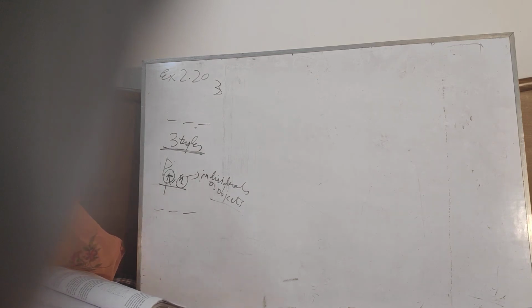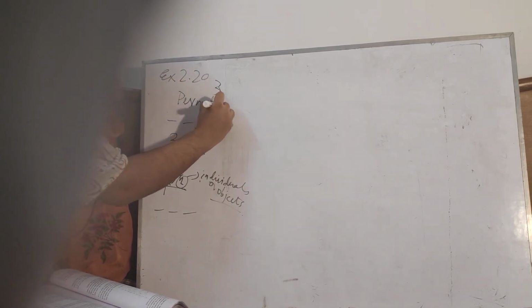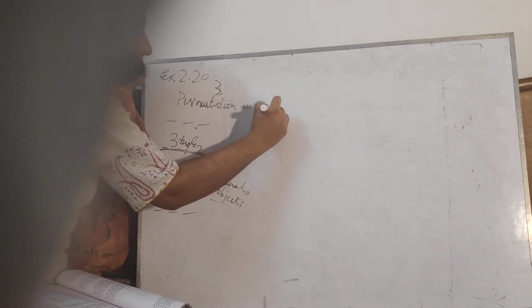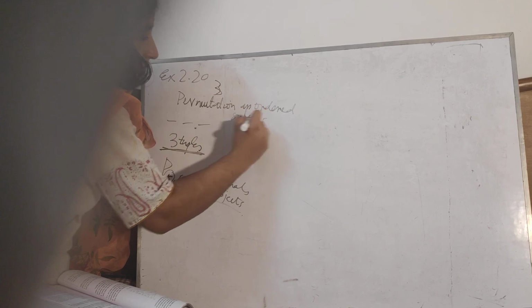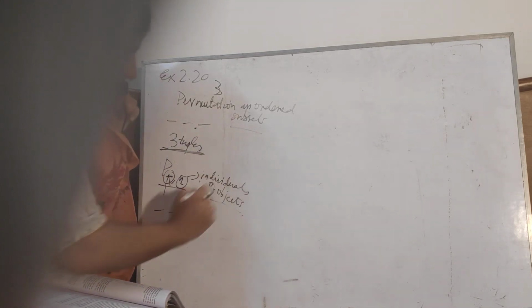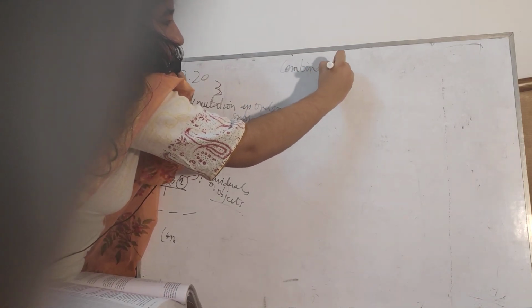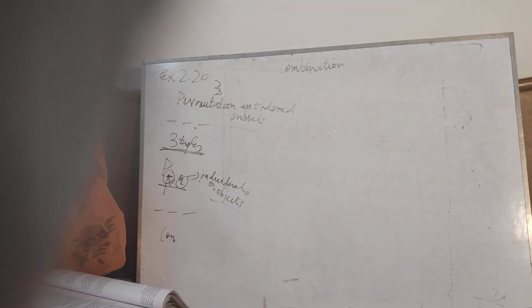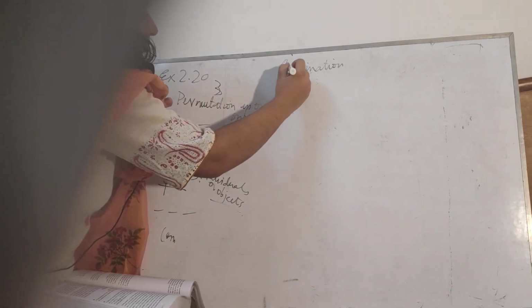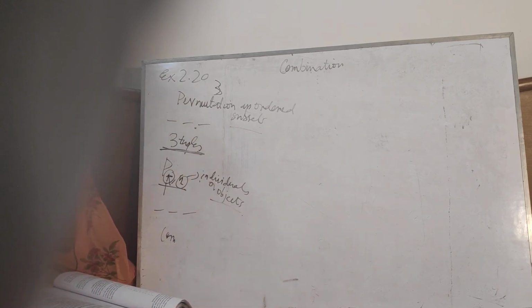Now, permutation is an ordered subset. Combination is an unordered subset.